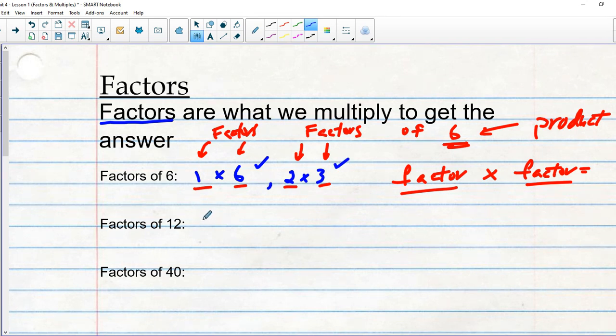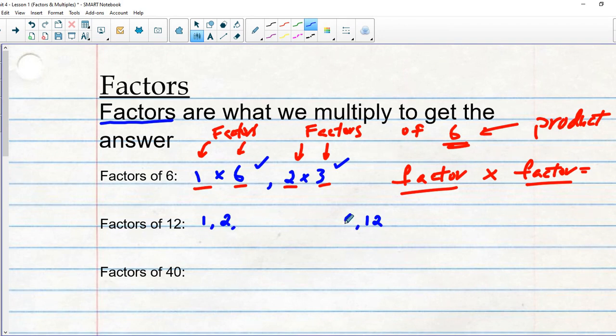The best way to go through the factors is what I call the combing method. It's like combing through your hair. Start with the lowest number, 1, and think: 1 times what gives you 12? Because 1 is a factor of every number, I don't know if you've noticed. So 1 times 12 is 12. Now go to the next smallest number, 2. Can 2 multiply anything to give you 12?